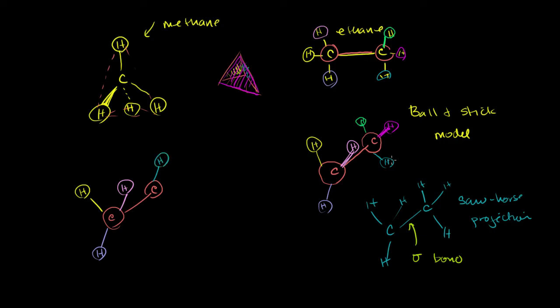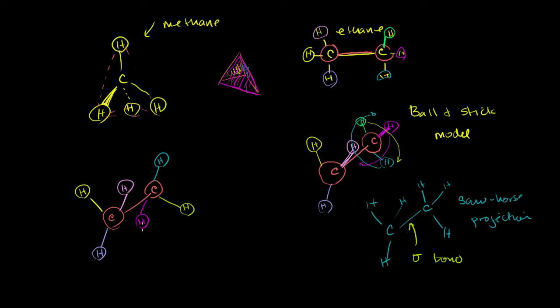So if I've rotated it so the blue one's on top now, the green hydrogen is now over here, and this magenta hydrogen, the way I've rotated, is now going to go over there.